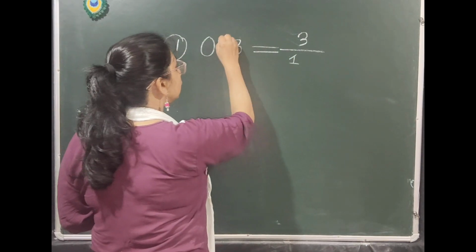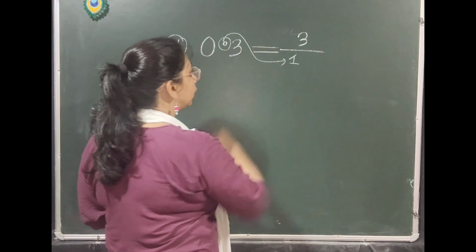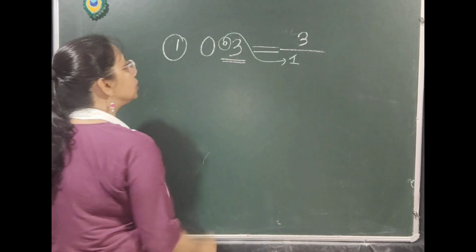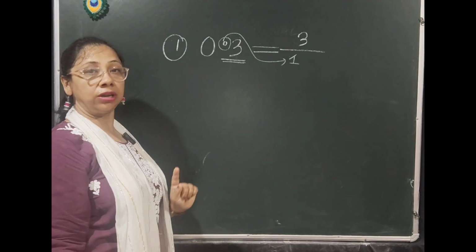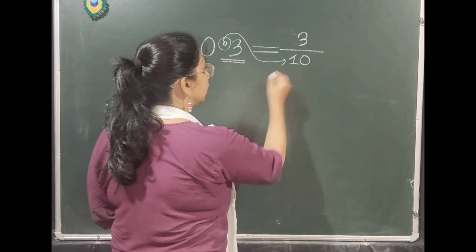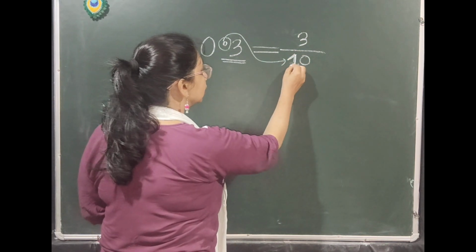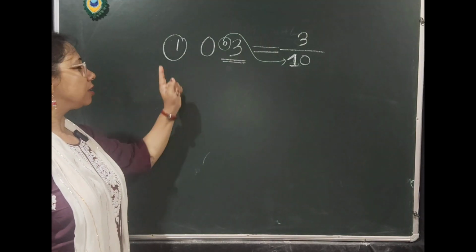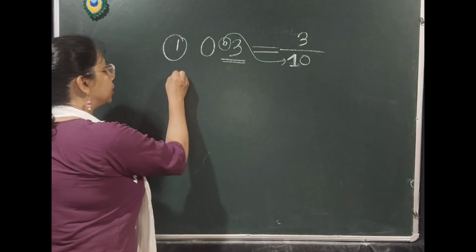Why 1? Due to this decimal point we have to take 1, and after the decimal how many digits exist? We can say there exists only one digit. For that reason we have to take 0. It is 1 0. So 10. That means if we divide 3 by 10 we get 0.3. Let us go to the next example.